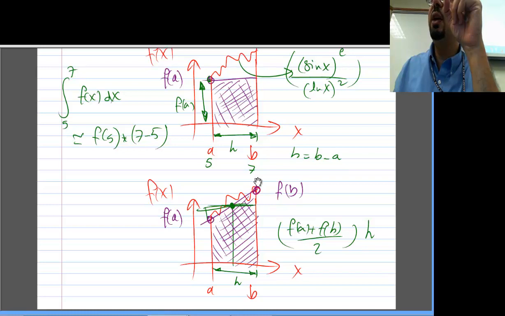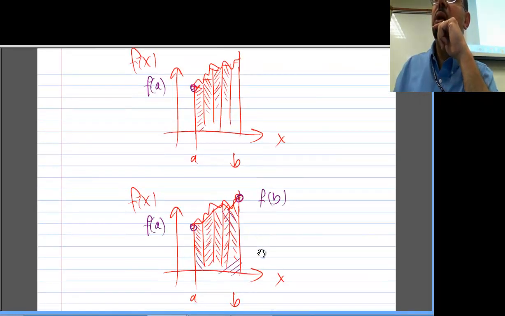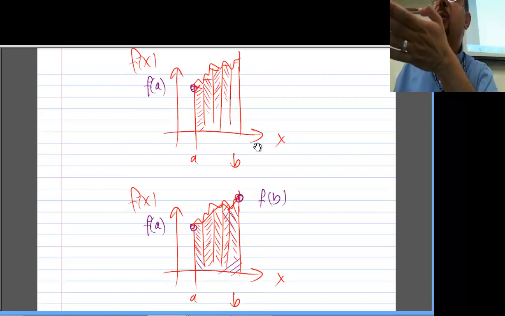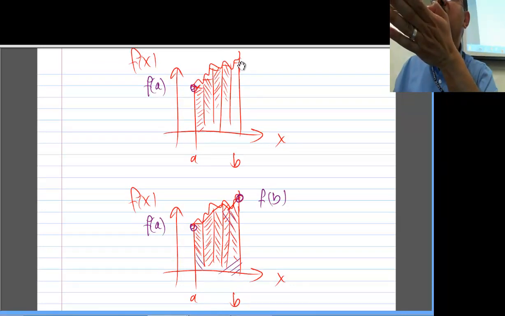You are approximating the function, no matter how it looks, as a rectangle which has the height of the average, f of a plus f of b over 2. And when you do it so many times, it's the trapezoidal rule. Still, it's not good enough.